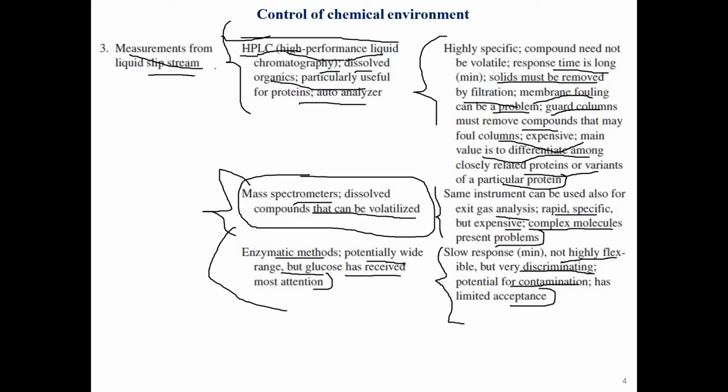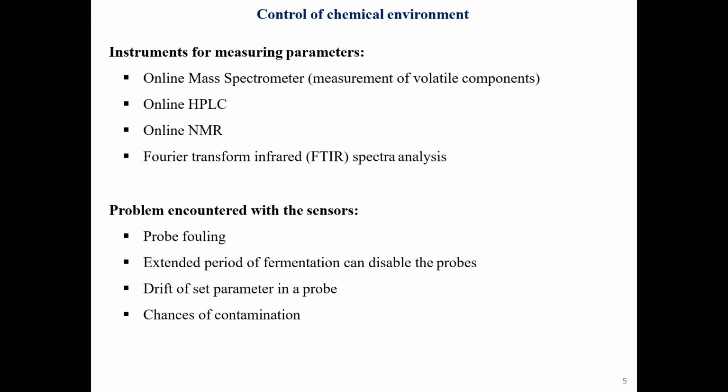So this is not a very useful method, but definitely you can count it as one of the methods. So this was the measurement from the liquid slip stream. We talked about its measurements with the help of HPLC, mass spectrometer, and enzymatic methods for a bioreactor.